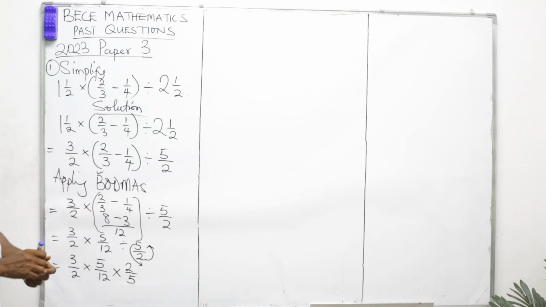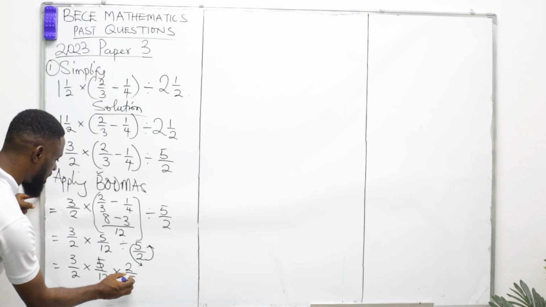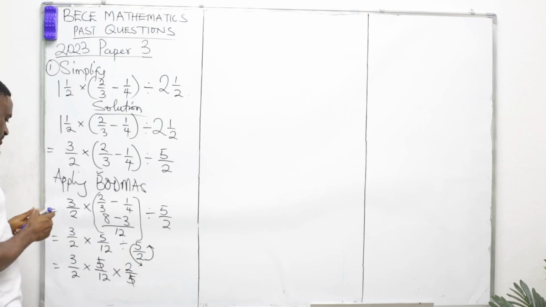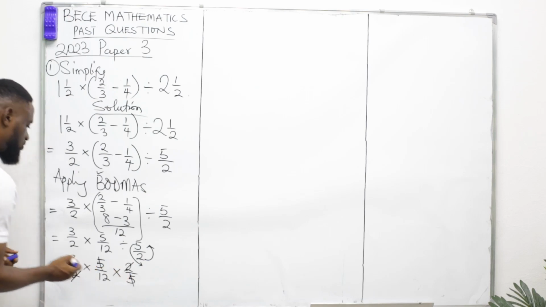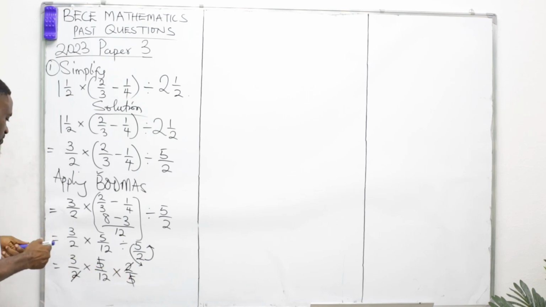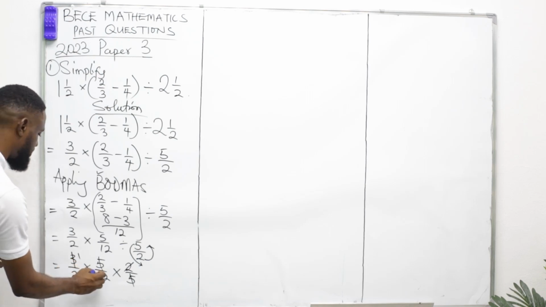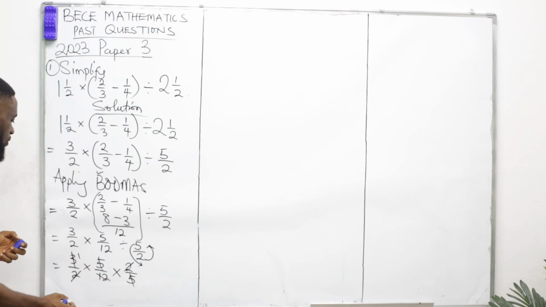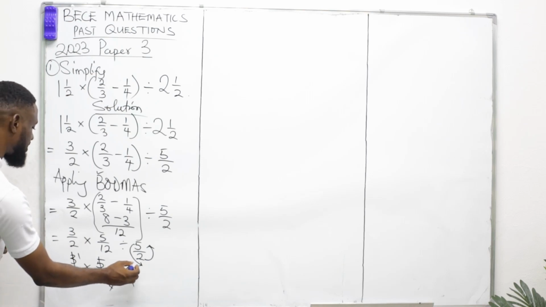Is that okay now? So at this point, we can now simplify this further, right? This 5 can remove this 5, that's correct. Then this 2 can remove this 2. This 3 into itself is 1, 3 into 12 is 4. So everything here is 1.